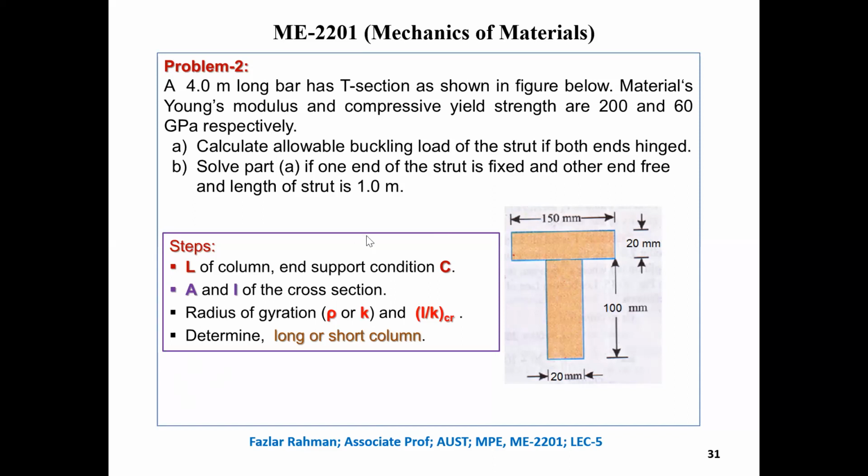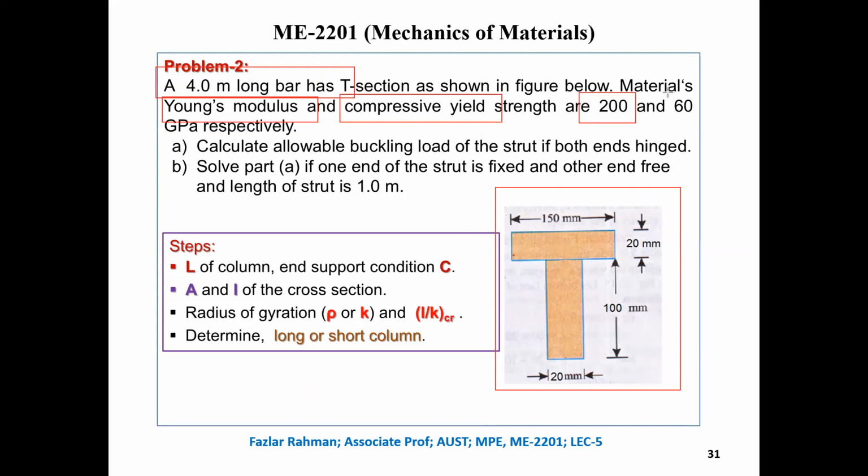Okay, you see problem 2, there is a cross section of a column right over here, kind of T section. And it's saying length of column is 4 meter, and Young modulus, that means value of E is 200 gigapascal, and compressive yield strength is 60 gigapascal.